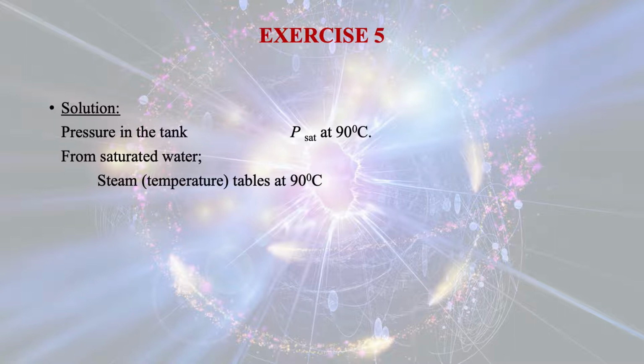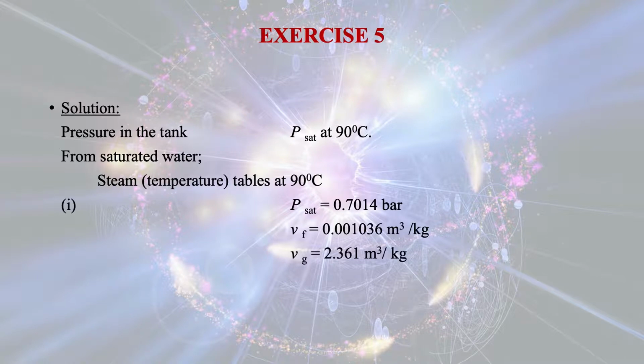From the saturated water temperature tables at 90 degrees centigrade, we get P saturated, that is 0.7014 bar, and Vf is 0.001036 meter cube per kg, and Vg, that is the saturated vapor, is 2.361 meter cube per kg.